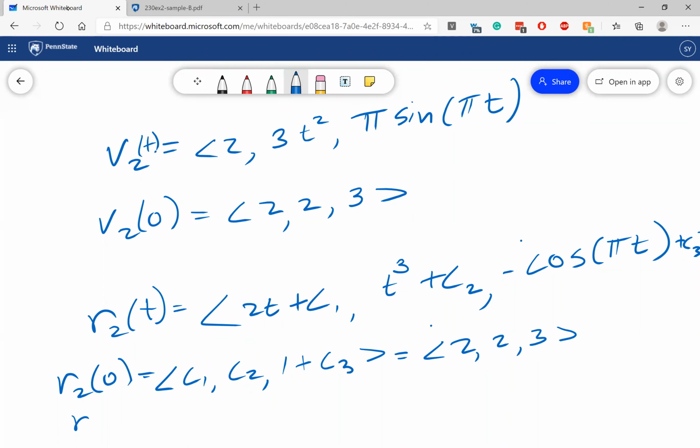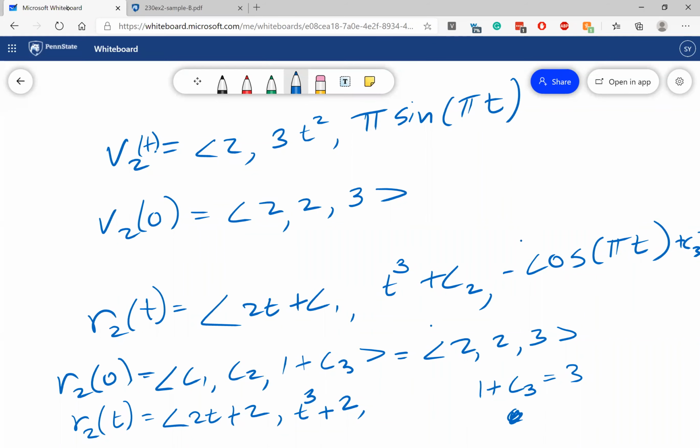So R2 of t is going to be equal to 2t plus 2, t cubed plus 2, and, okay, so here we have 1 plus this is equal to 3, yeah.